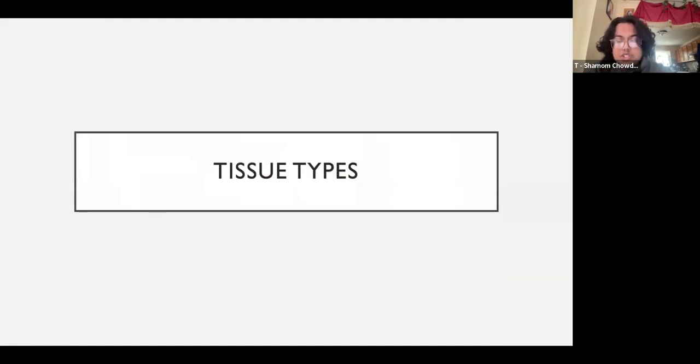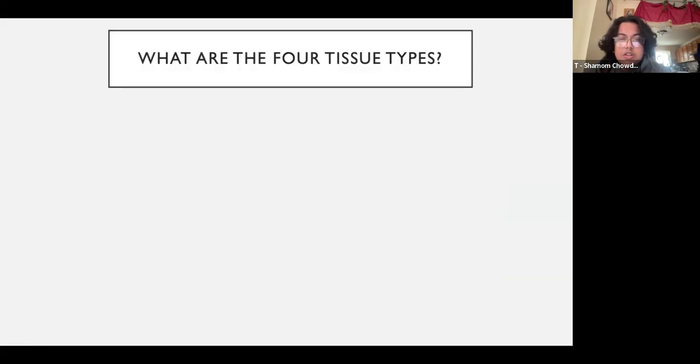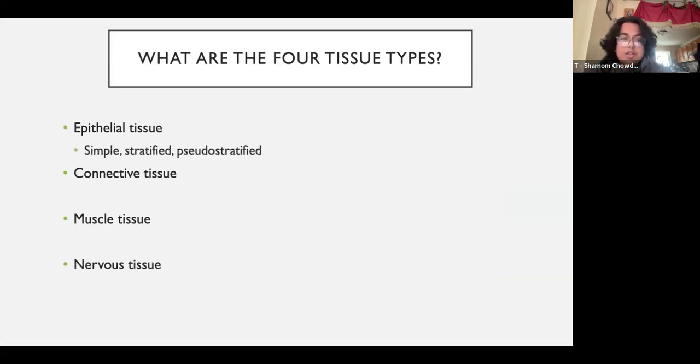So there are multiple tissue types, and there are four main tissue types that we're going to talk about. The four main tissue types are epithelial tissue, connective tissue, muscle tissue, and nervous tissue. There are three types of epithelial tissue: simple, stratified, and pseudostratified.